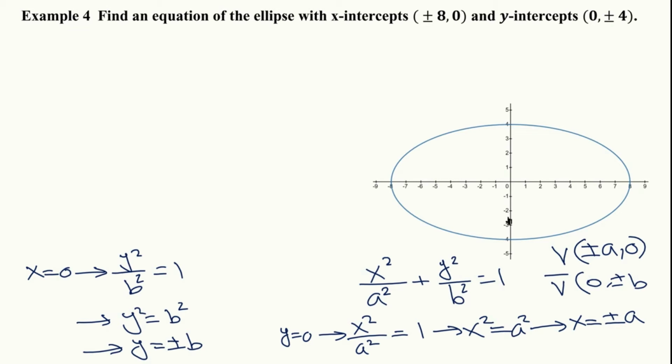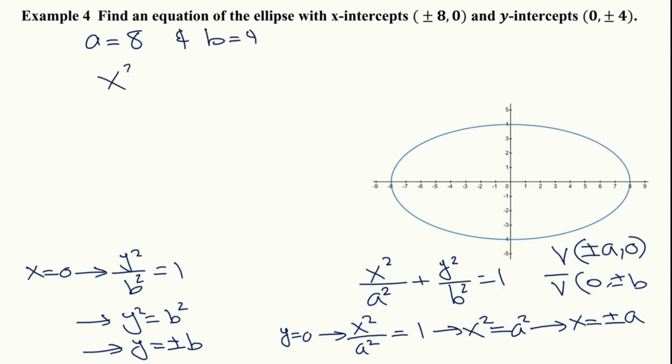So we pick the larger ones to represent a, right? So we know that we're going to have an ellipse looking exactly like this. So this indicates that our a is 8 and our b is 4, right?